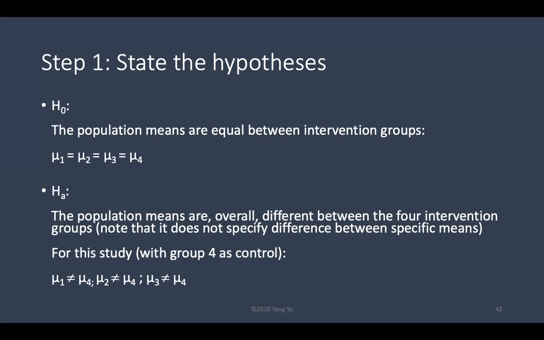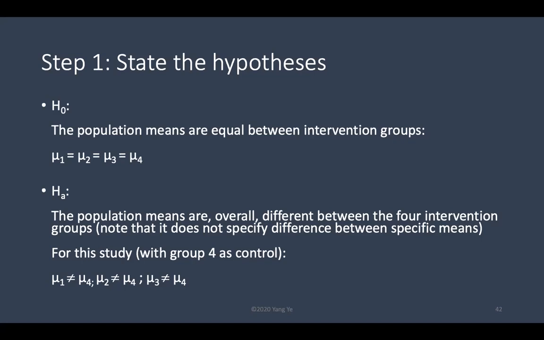The alternative hypothesis is a little bit tricky to understand. For the analysis of variance, it only says that overall, the population means are different. It doesn't really specify how they're different, but the alternative hypothesis is that overall, you can detect a difference across these 4 intervention groups. I'm going to elaborate on that soon.